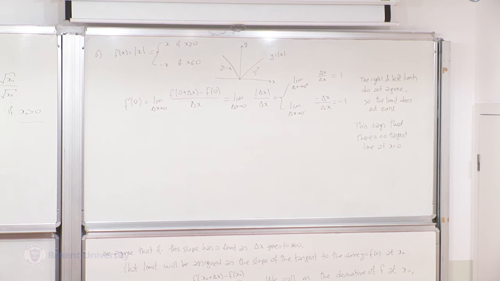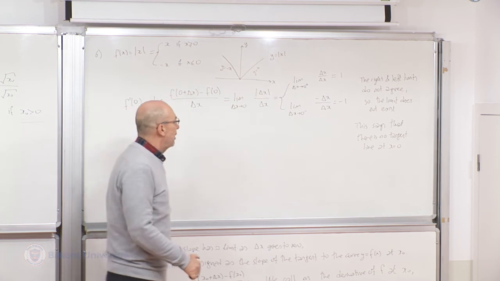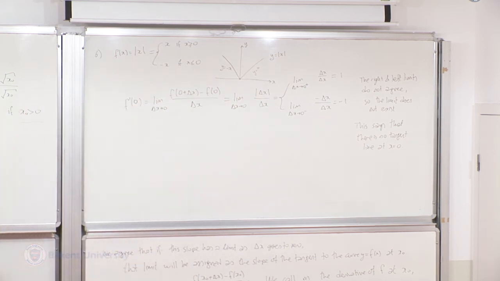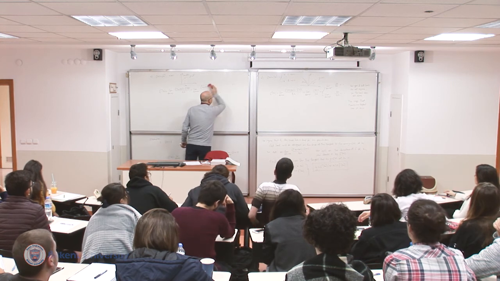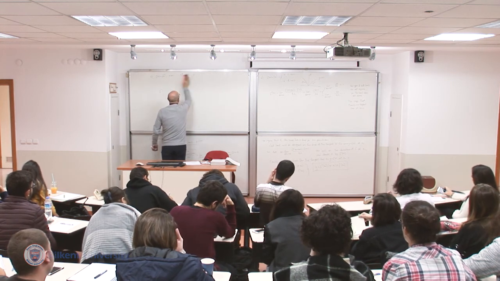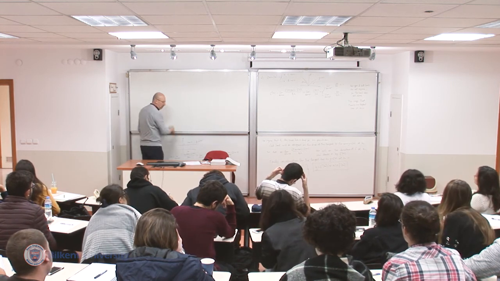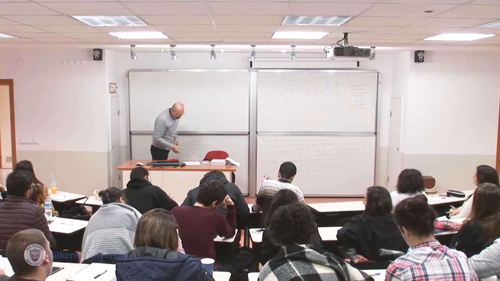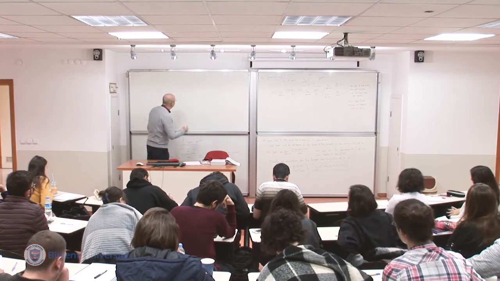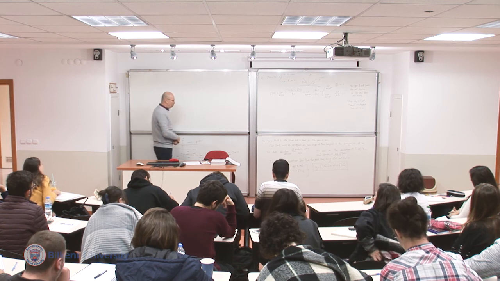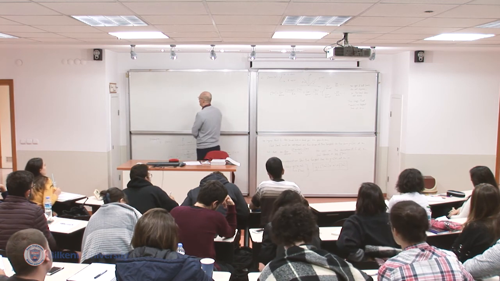Okay, so this idea will be used in some other cases also. So let me do one more example before we take a break about something like this. Okay, so here I have, okay, so this is x squared. So let's continue with the numbers today.